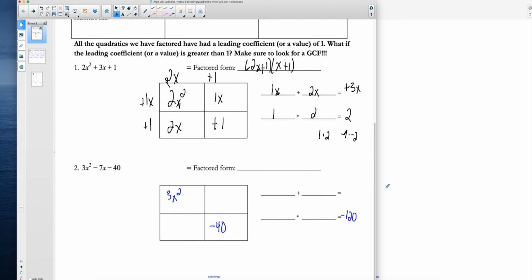So if I come right over here, our b term is negative 7x. So now here's where the complexity comes in, because now we have to look for those factors of 120 that add to be negative 7x. So that takes a little bit more time to do.